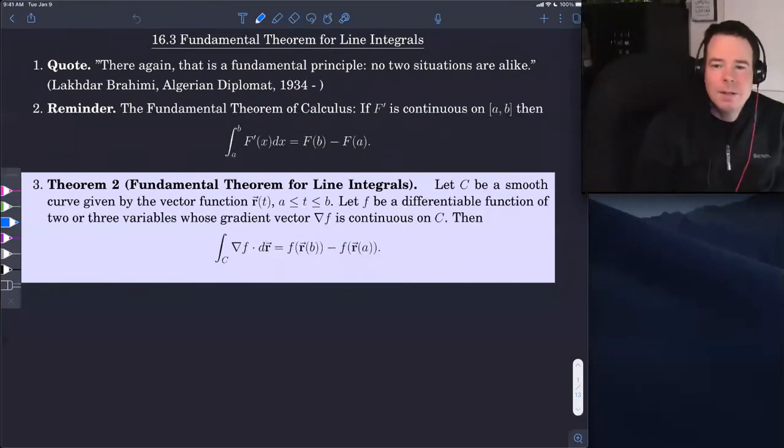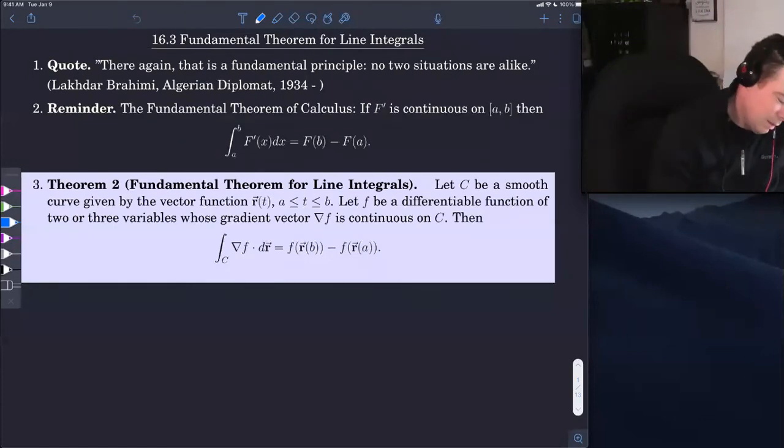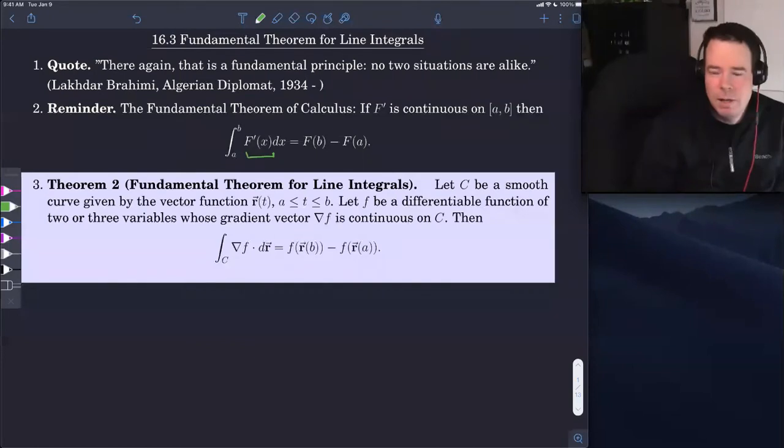So this 16.3 is trying to answer the question, when can we get something like the fundamental theorem of calculus we had in Calc 2? The fundamental theorem of calculus said, if I integrated a derivative, I just needed to evaluate the antiderivative at the endpoints.